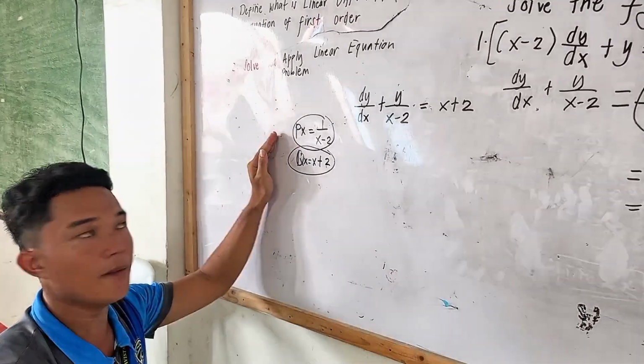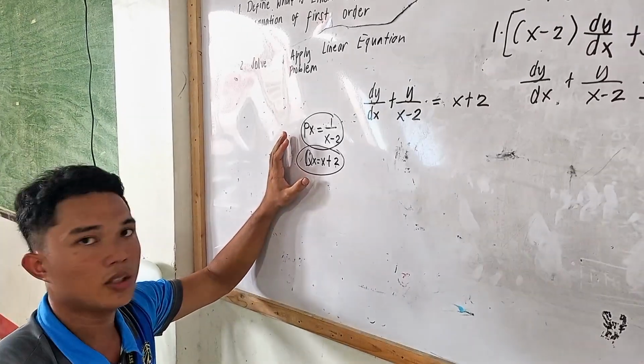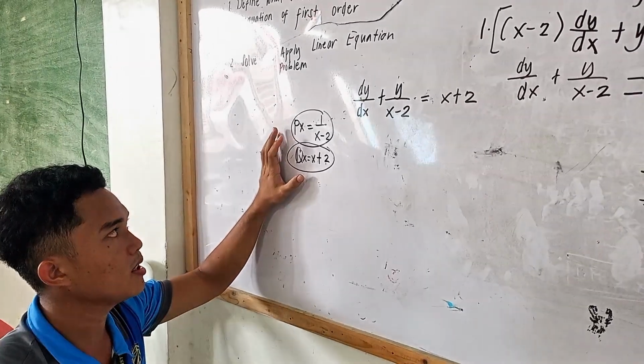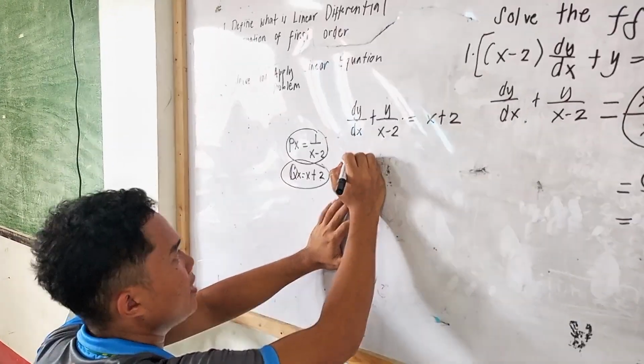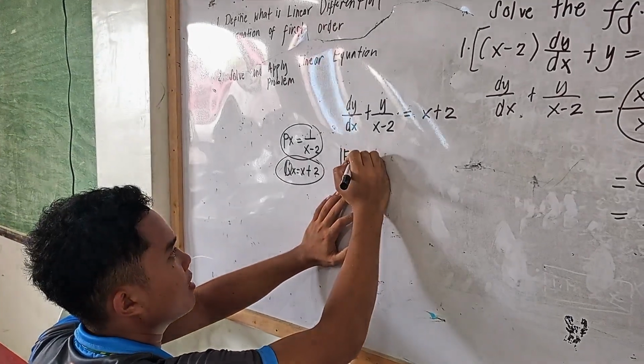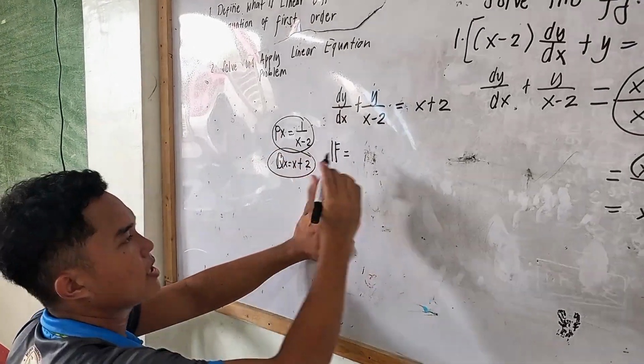Since we already have p of x and q of x, we will now proceed to the integrating factor, because the integrating factor is based on p of x.